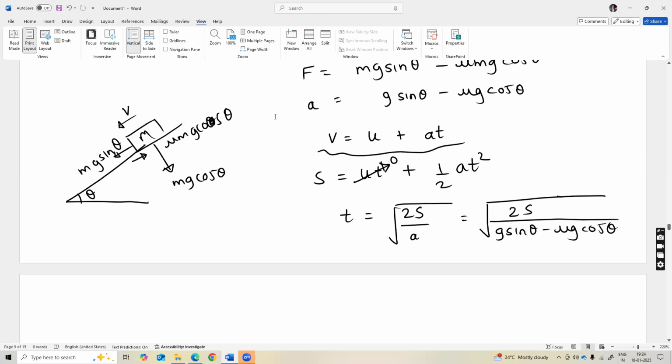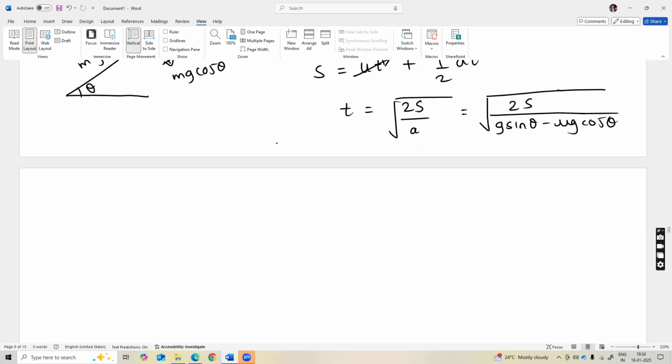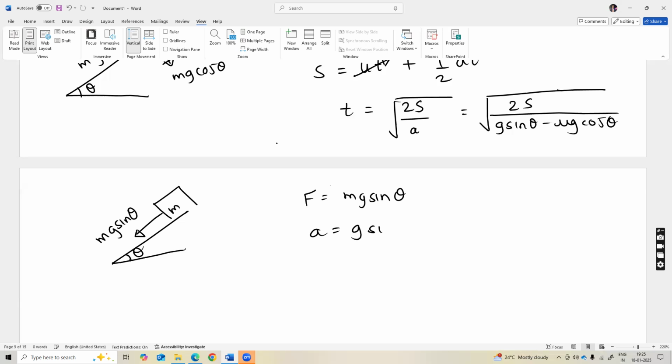Similarly, if you consider the second case, in the second case there is no friction, okay? So it is a smooth surface. So if this is the block M, then the force acting downward is mg sine theta, the component of weight basically. So net force is mg sine theta in the direction of motion, and mass of course is m. So acceleration will become g sine theta.